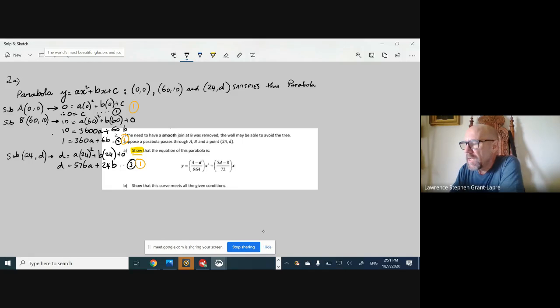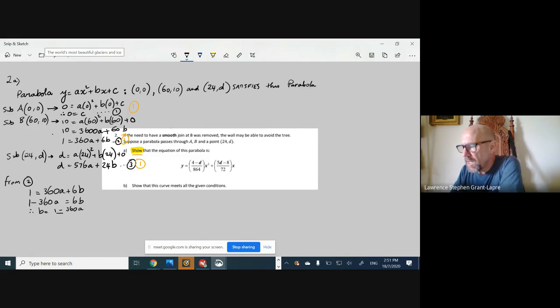So let's take 1 minus 360a. Actually, I should say from equation 2, so we see where we're getting this from. 1 minus 360a equals 6b.